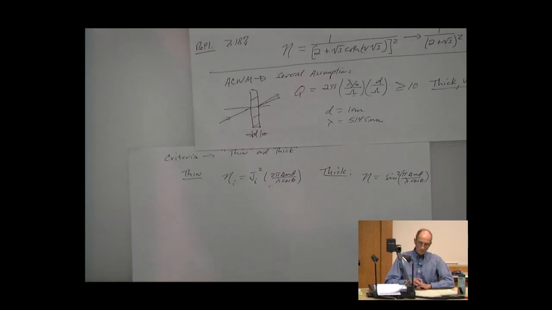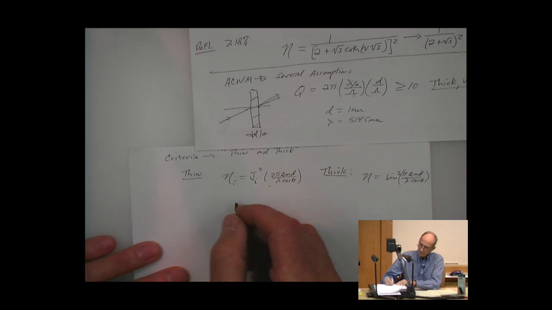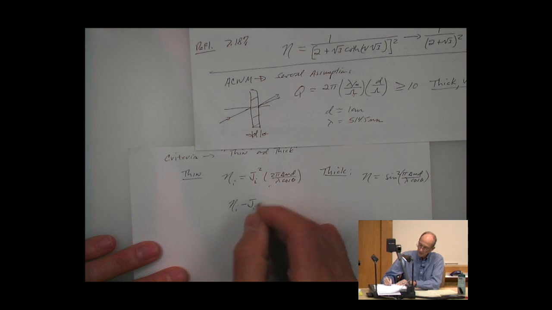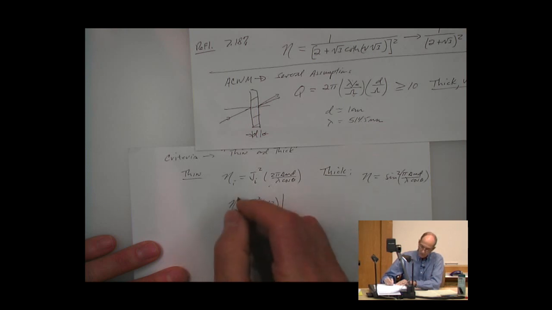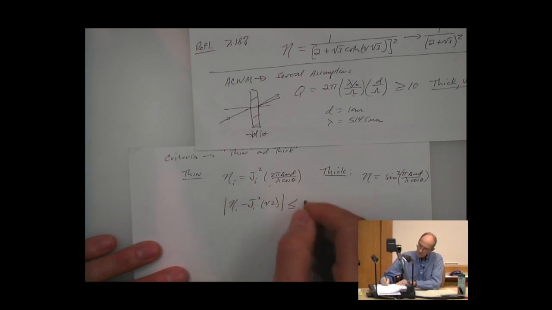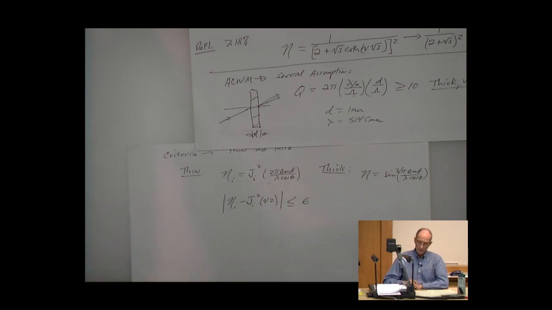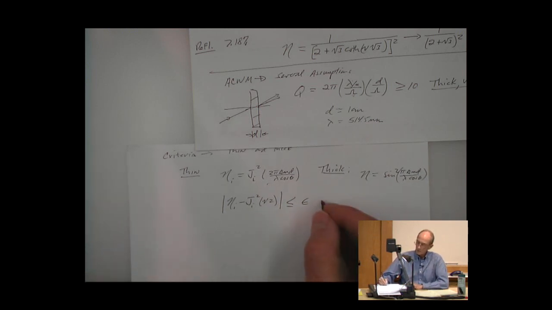All right? So what they said is, let's set up a criteria whereby if we have the actual efficiency, eta sub I, minus this J sub I squared of, we'll just call it nu, or times 2 here, when that is less than some epsilon, then we'll be in the thin hologram region.